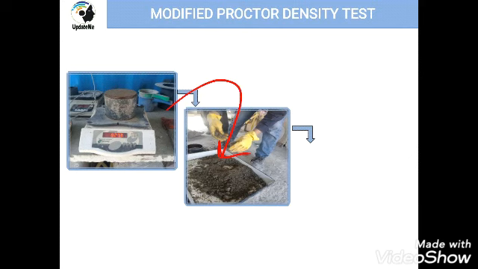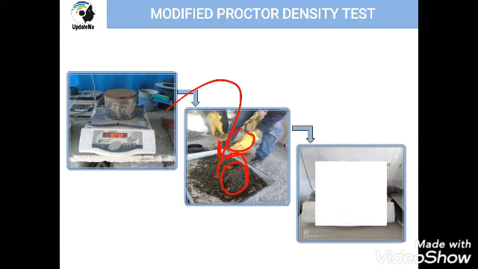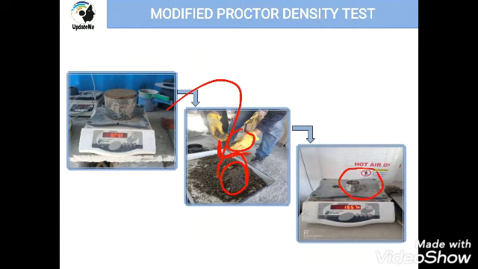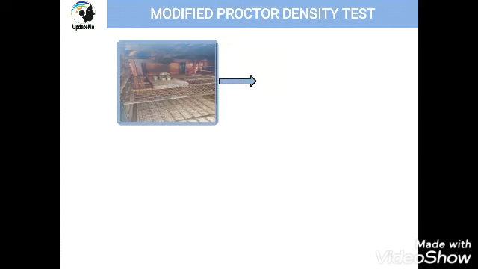After weighing, we will remove the soil portion from the mold and keep this, and take some amount of soil for determining the moisture content in the container. We have to bake the container. We have to keep the container in the oven for 24 hours. Here you can see 4 to 5 containers. Actually we have already seen we have to increase the moisture like 2% of the soil, 4%, 6%.